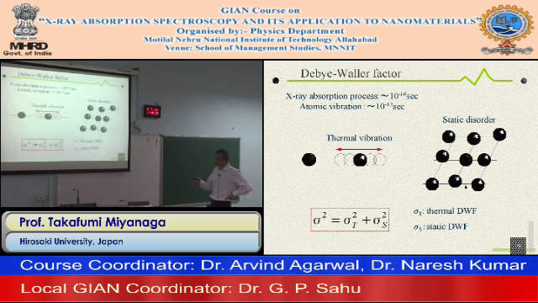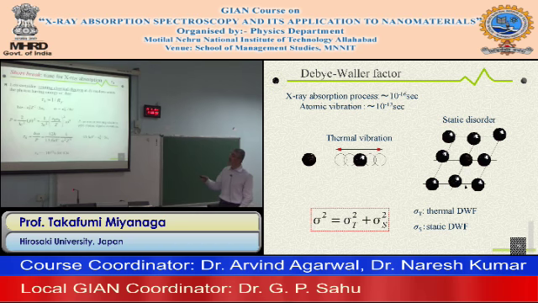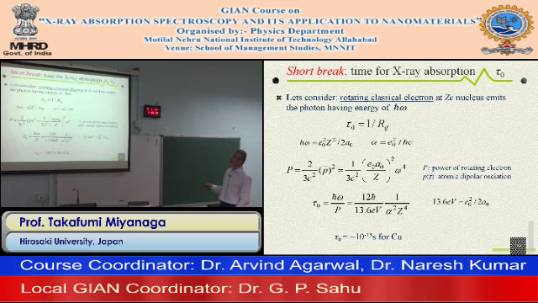I show you the X-ray absorption process is very short, 10 to the minus 16th second or so. So how can we estimate such a very fast system? The equation is here. Let's consider the classical rotating system, or rotating electrons with a nucleus.